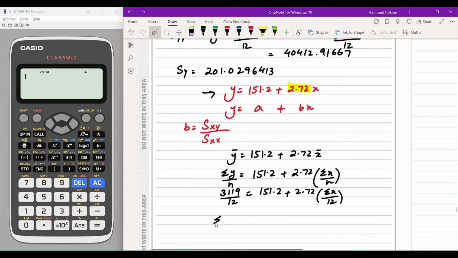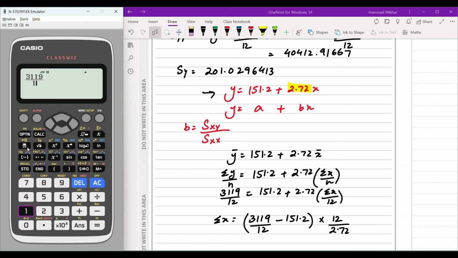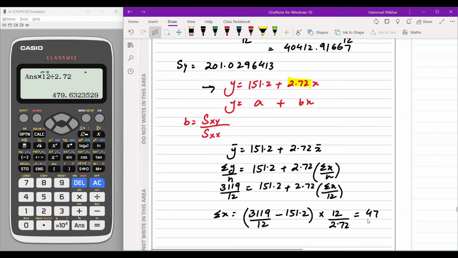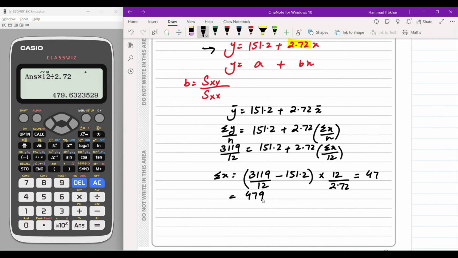That means sigma x is equal to 3119 divided by 12 minus 151.2, times 12 over 2.72. That is equal to 479.6323529.